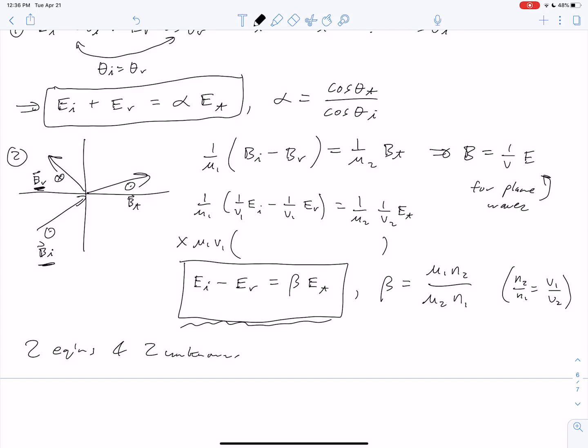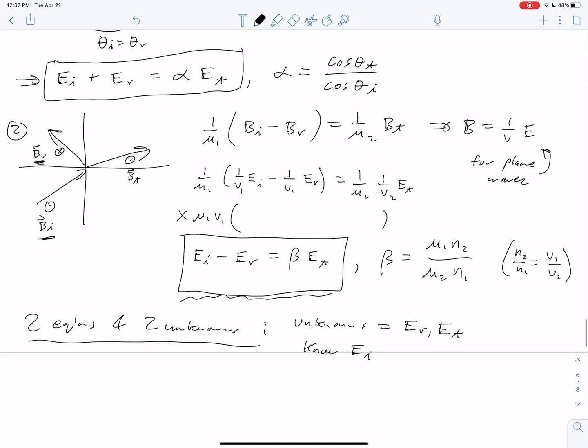Because remember, let's remember what's known and what's not known. The unknowns are ER and ET. But we do know EI. So we're given the incident and we want to find the reflected and transmitted. So we have two equations, two unknowns, so just solve them. And it's very easy algebra.